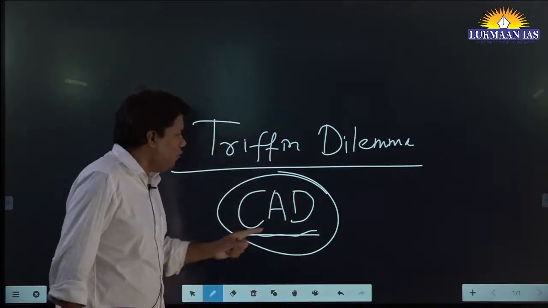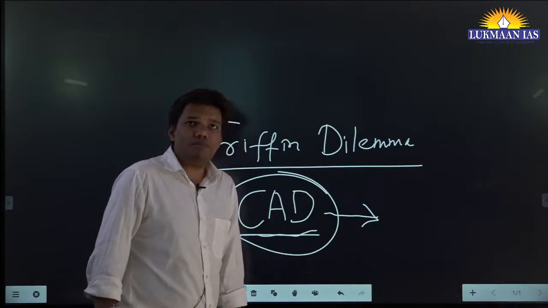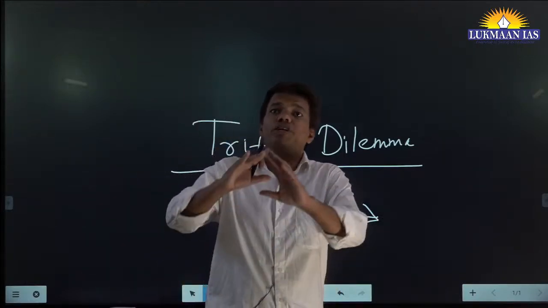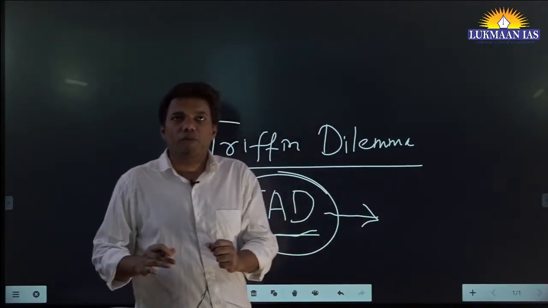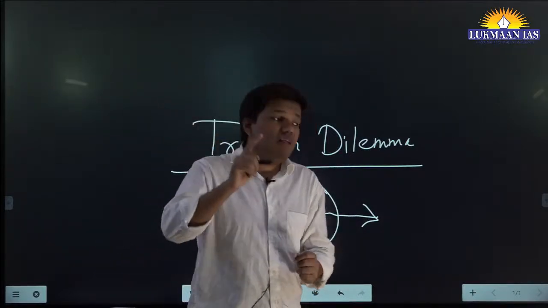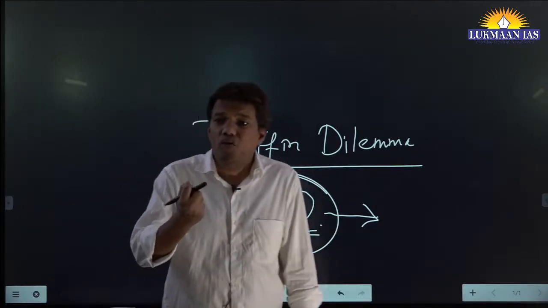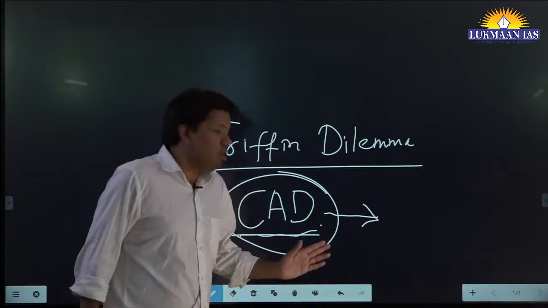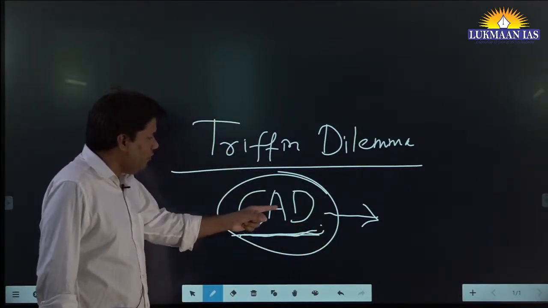But what is the important point here? If you run too much current account deficit and there is not a proportionate gold reserve, then people might start questioning the reserve value of USD. The US will say, current account deficit means what?